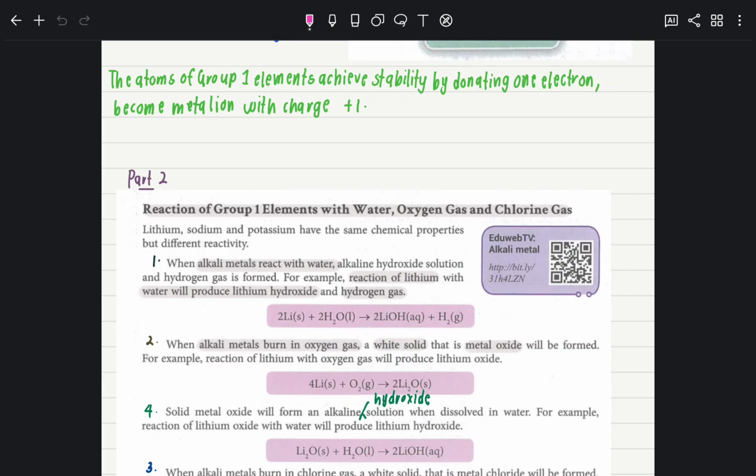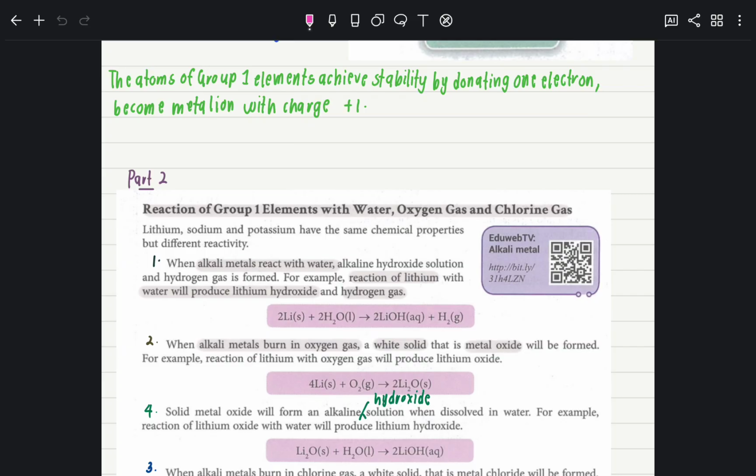Taklah main-main je. Okay, ingat, if your teacher ask, what will happen if your elements, which is lithium for example, react with water, then you say, oh teacher, if my alkali metal reacts with water, it will form alkaline solution and hydrogen gas. Tu je.